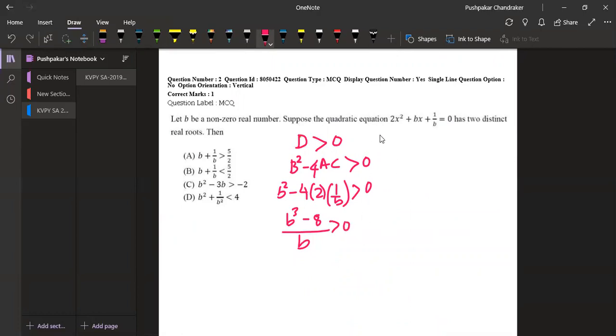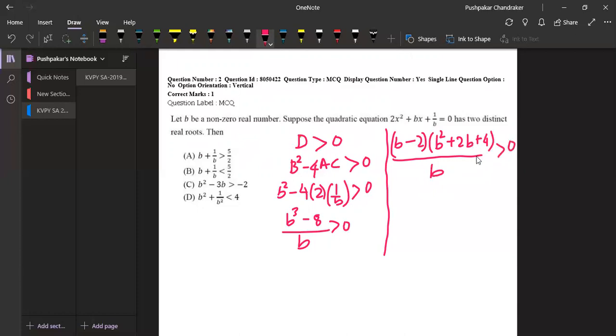If we solve further, I'm writing here. Factorize the numerator, we get b minus 2 times b square plus 2b plus 4, factorized by the a cube minus b cube formula, divided by b is greater than 0.